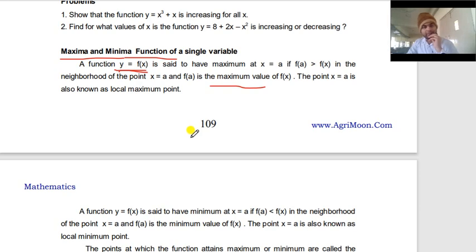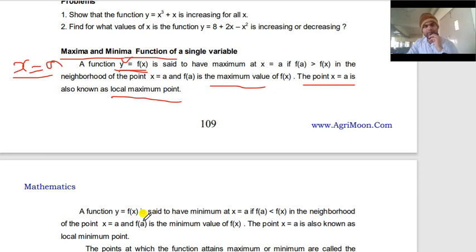Suppose the value of y = f(x) is maximum when the value of x in this function is a. So this function y attains the maximum value, which is called the maxima, and the point x = a is called a local maximum point.